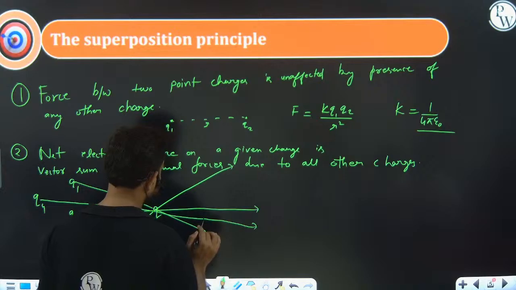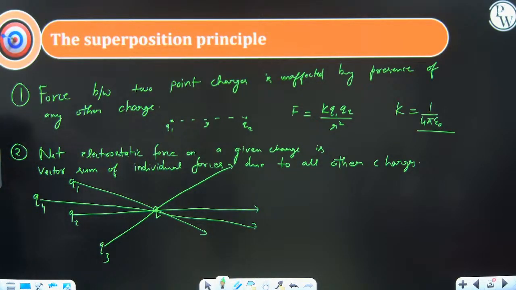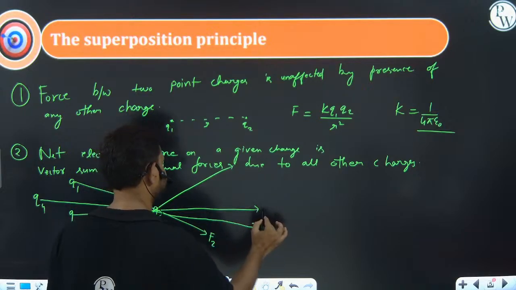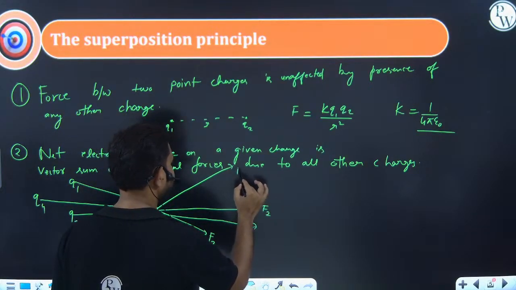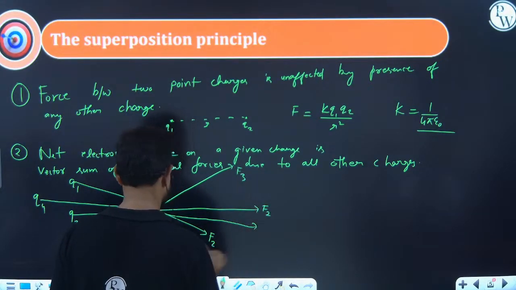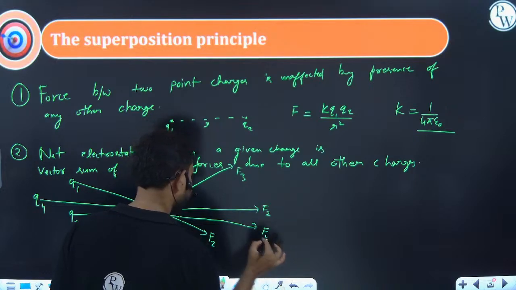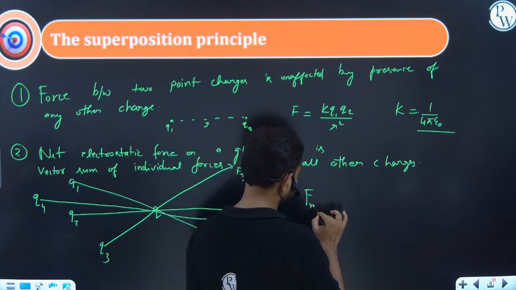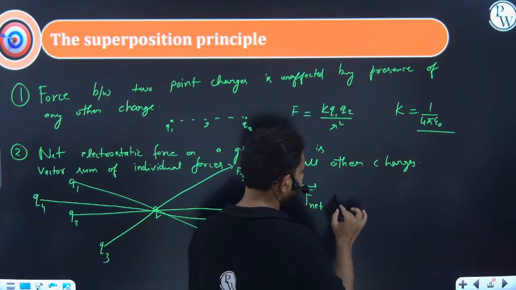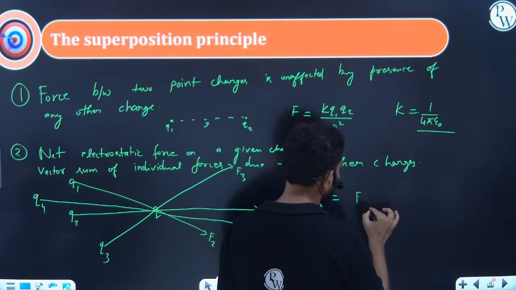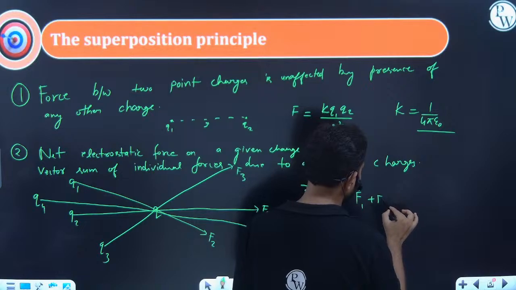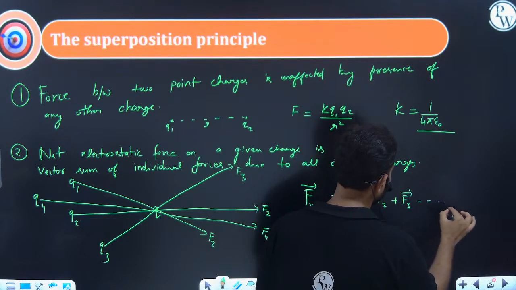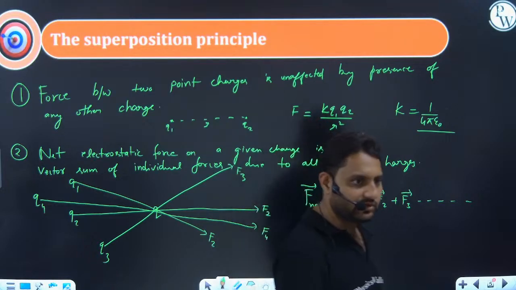Got it or not? Now what will I do? I will name these forces f1, f2, f3, f4. If I want to find the net force, f net, then I will take the vector sum of them: f1 vector plus f2 vector plus f3 vector and so on.